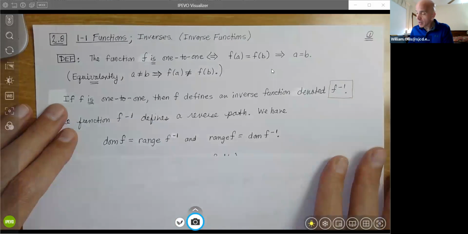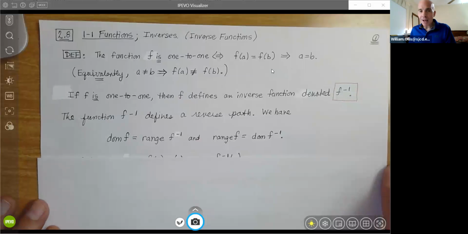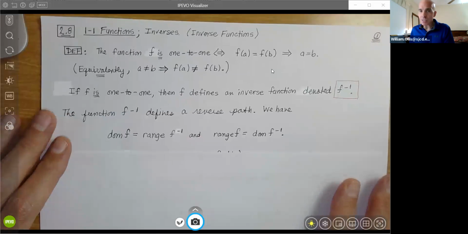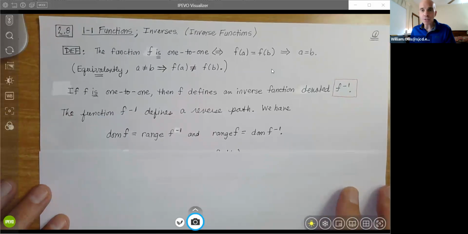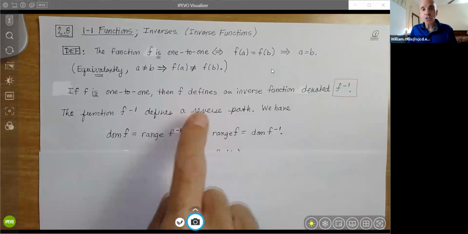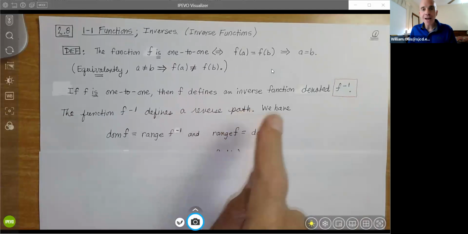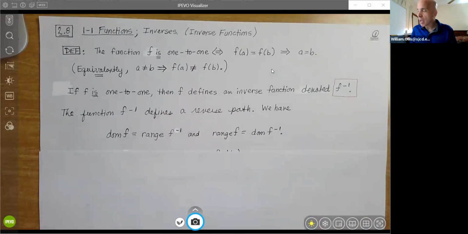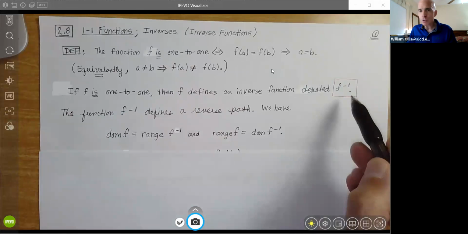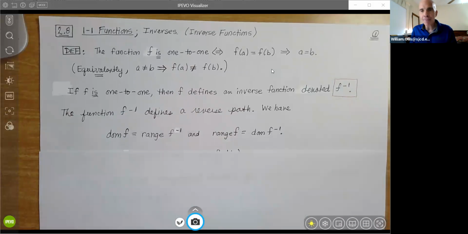Now, what does this imply? Well, basically, ladies and gentlemen, there's not a whole lot to this. If a function is one-to-one, then it defines an inverse function. Now, what we're going to use is a standard notation, and you're going to think, well, f to the superscript minus 1.